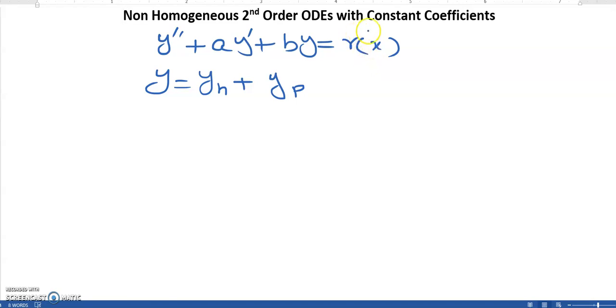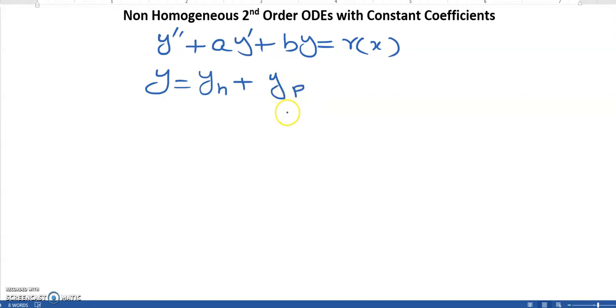So for example, if this function r(x) is an exponential function, the solution of yp will also be in terms of the exponential function. If r(x) is in terms of the trigonometric functions sine and cosine, yp will also be in terms of sine and cosine.